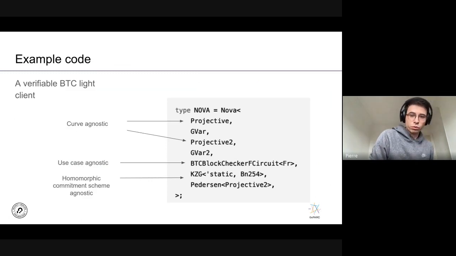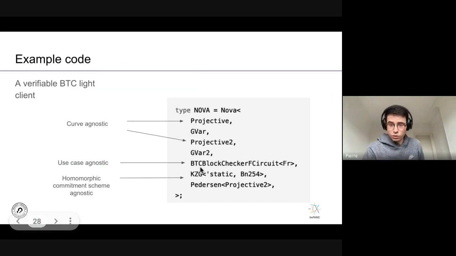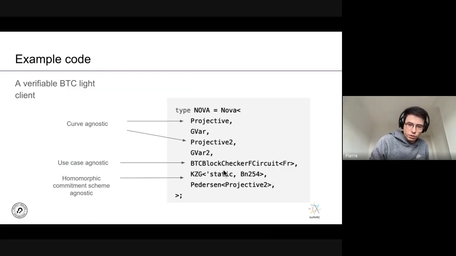It's also use case agnostic. Here it's the R1CS circuit that we are folding, which is a BTC block checker circuit, just checking the proof of work of each Bitcoin block. And it's also agnostic to the homomorphic commitment scheme that you are using.